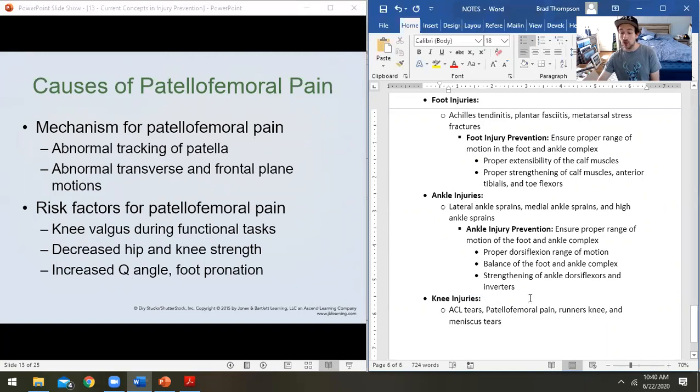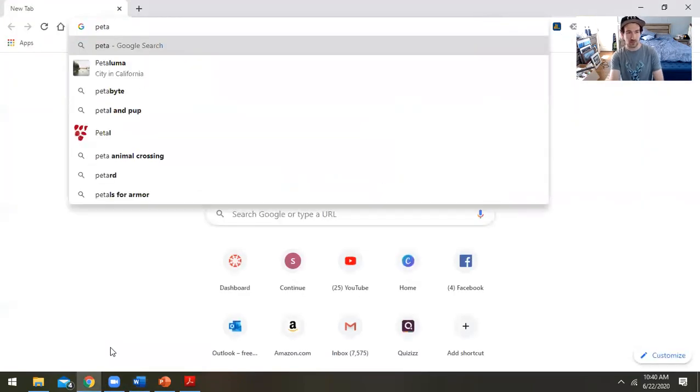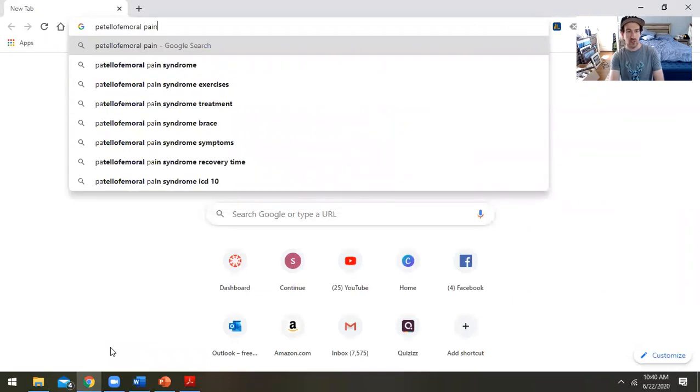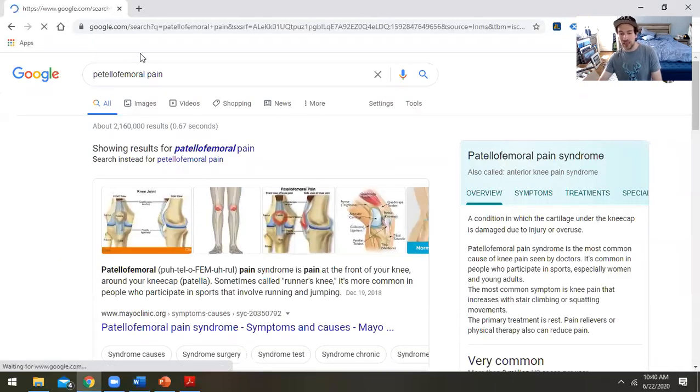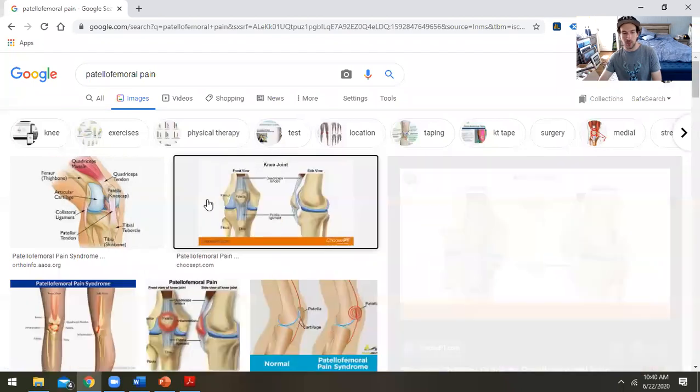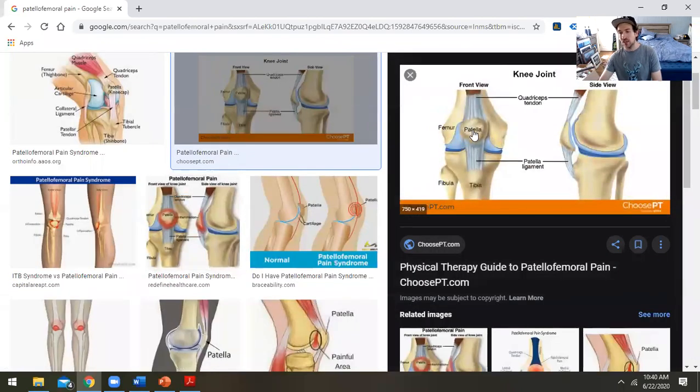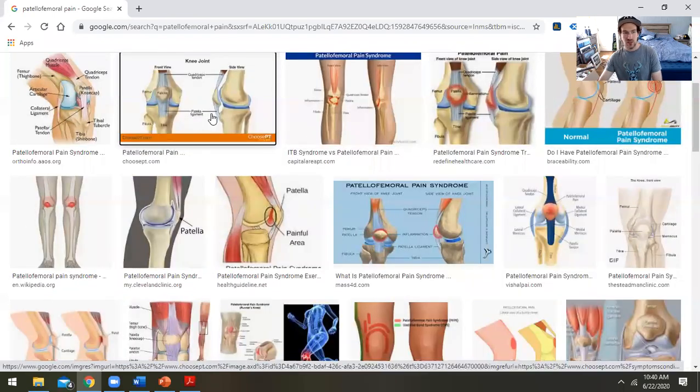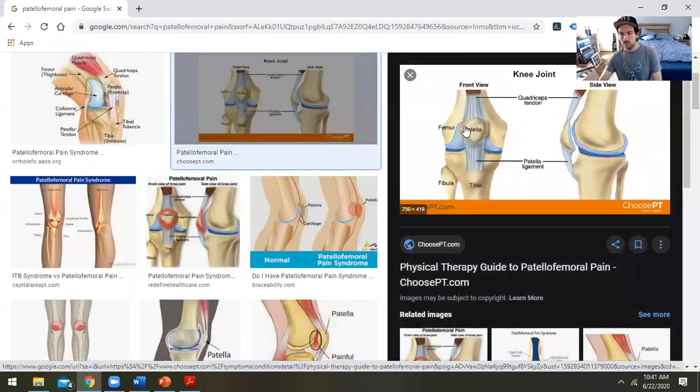Mechanisms for general patellofemoral pain. So if we look at what I mean by that, we're talking about a general aching sensation where your patella, which is your kneecap, is meeting with your femur. There's a groove here that your patella sits in, and it's supposed to be able to move up and down just like this.